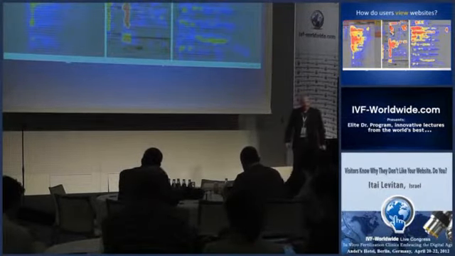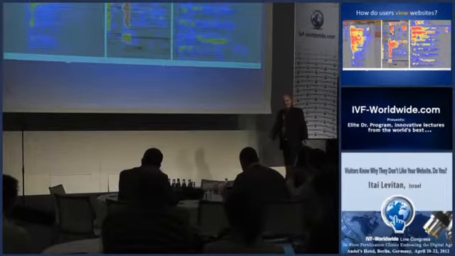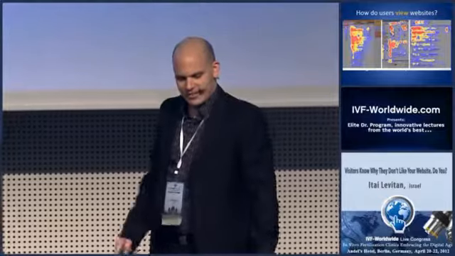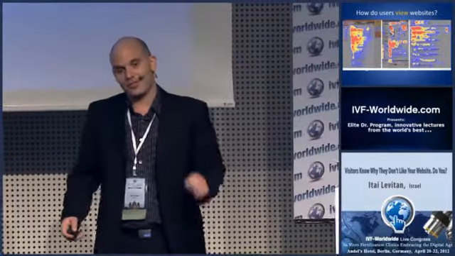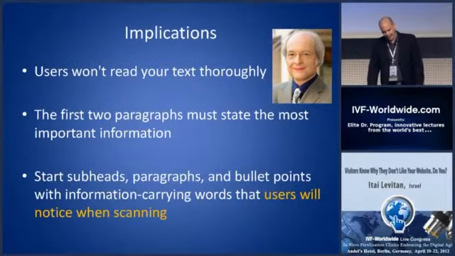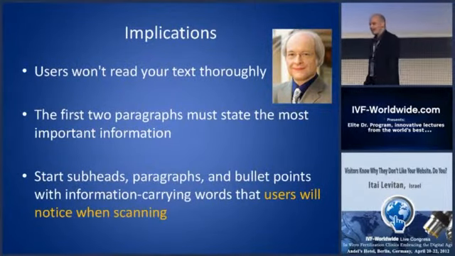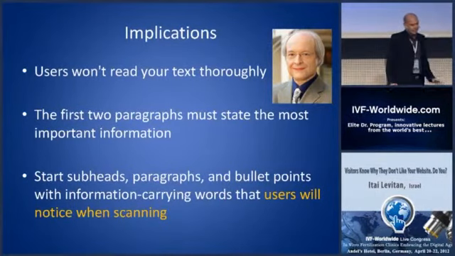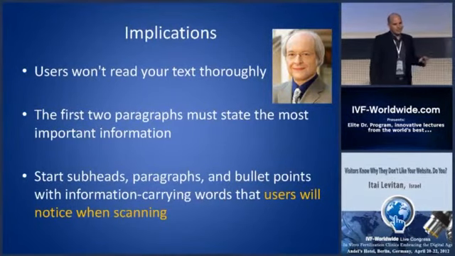Okay. Now you do not need to remember the F shape or this research, but you do need to understand the implications. So users won't read your text thoroughly, okay? And your first two paragraphs are very important.